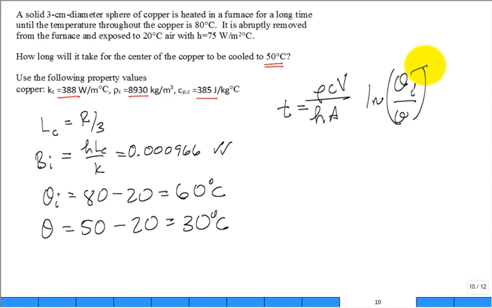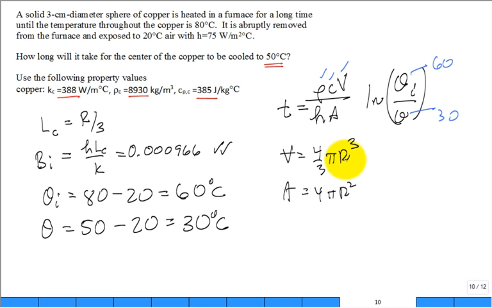What's the theta initial? 60. Theta, 30. So you're going to take the natural log of 2. You're going to multiply it by rho C. I need to get the volume. Well, this is a sphere. We already showed that: 4/3 pi r cubed, and the area 4 pi r squared. The volume to area ratio, you're very observant, is r divided by 3.